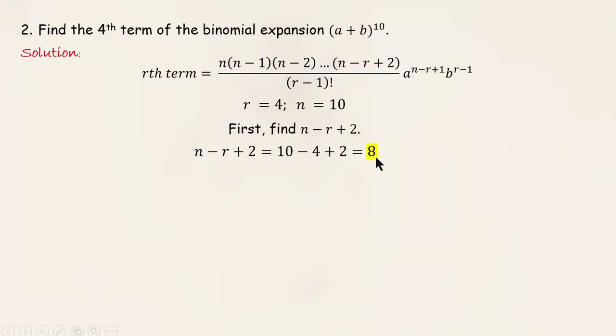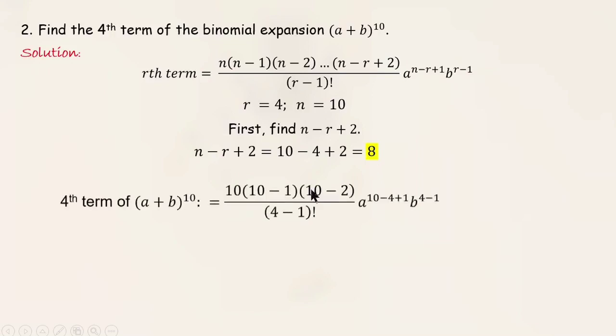This means we need to subtract 10 by a number which will yield a result equal to 8. So we replace the variables with their given values and simplify. Take note that in the numerator we end at 10 minus 2, since 10 minus 2 is equal to 8, which is the value of n minus r plus 2.